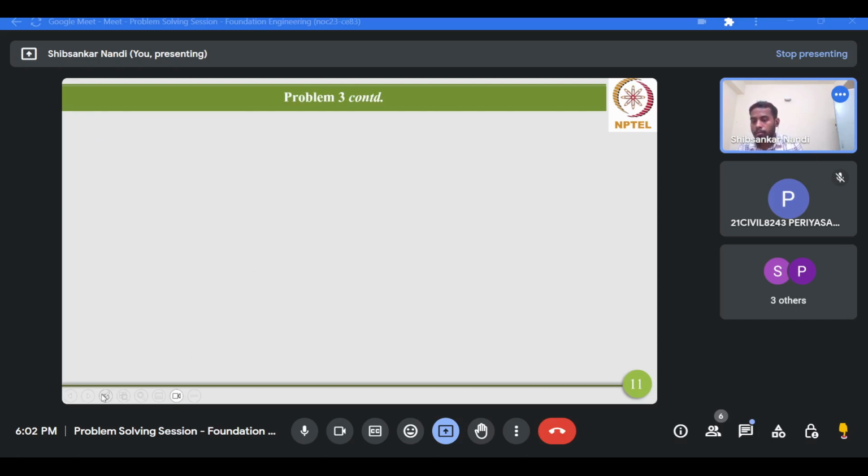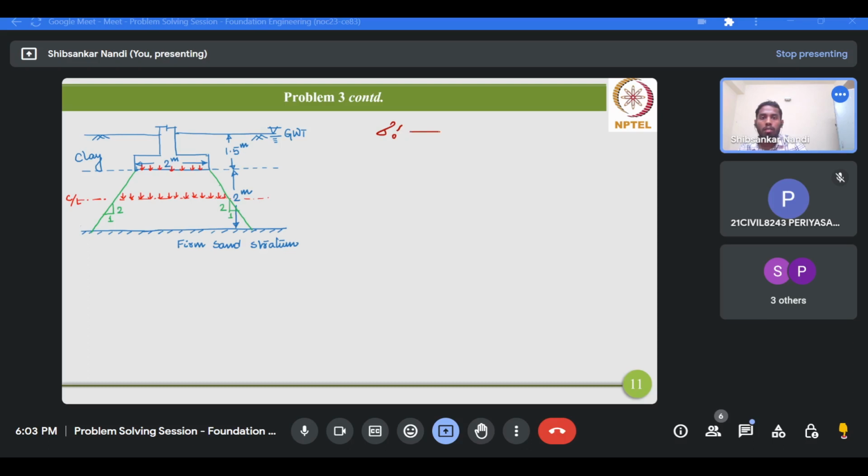Sigma 0 prime is the initial effective overburden pressure, at the center line of the influence zone, of the influence thickness.